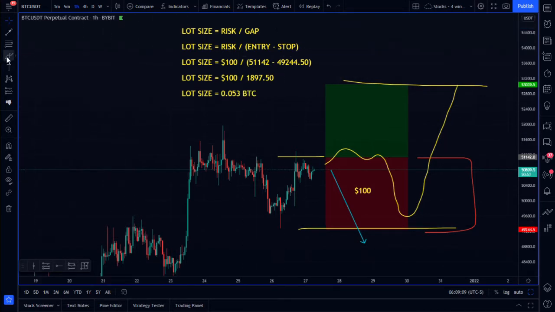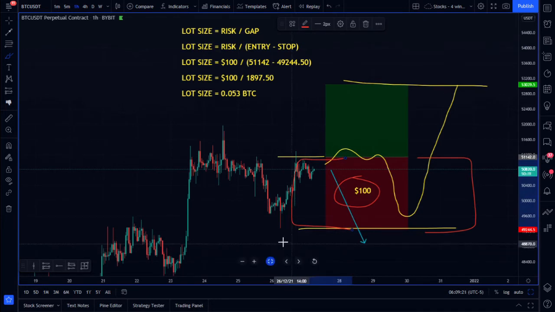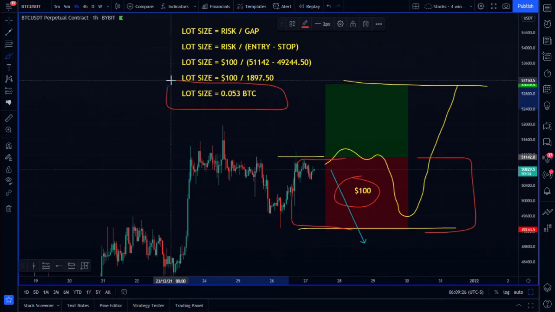Okay, so what we're saying is that if we want to risk $100 and this is the gap we have to risk, then this is the amount of Bitcoin we need to buy. 0.053 Bitcoin.